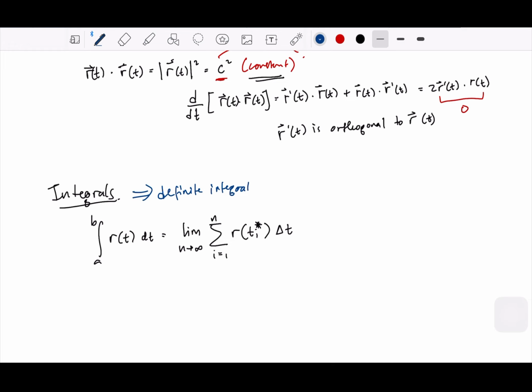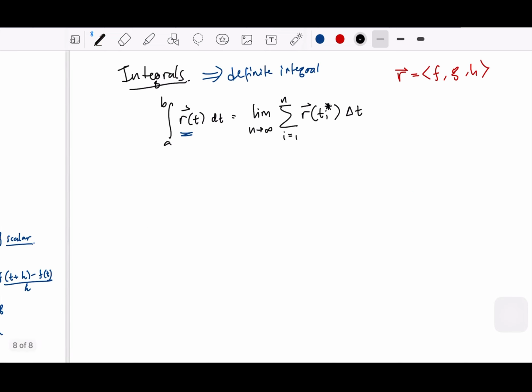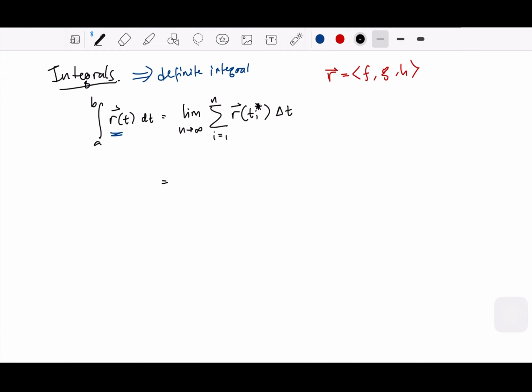It's similar, except that the integral we have is a vector. And we can express r in terms of f, g, and h, and describe it in terms of each component.